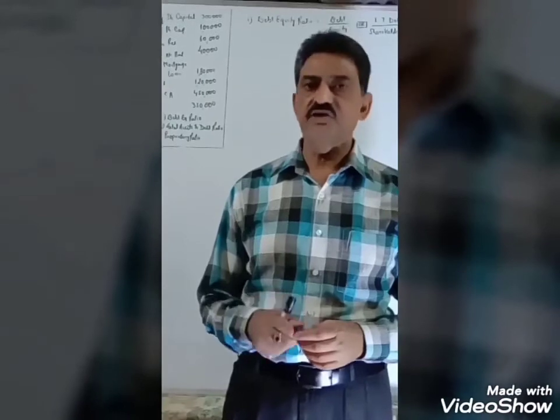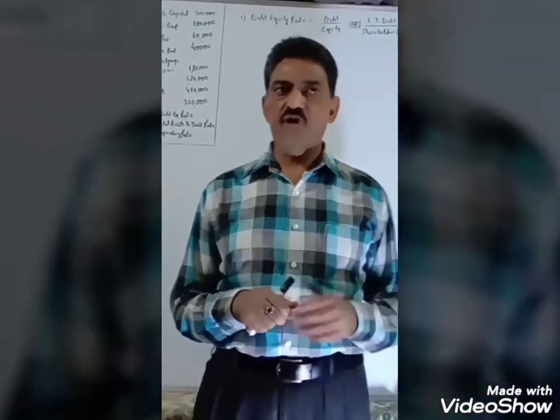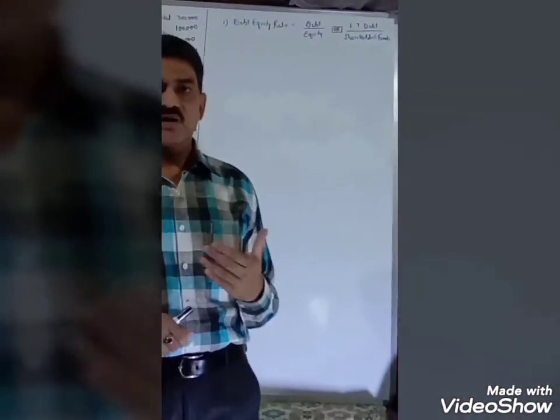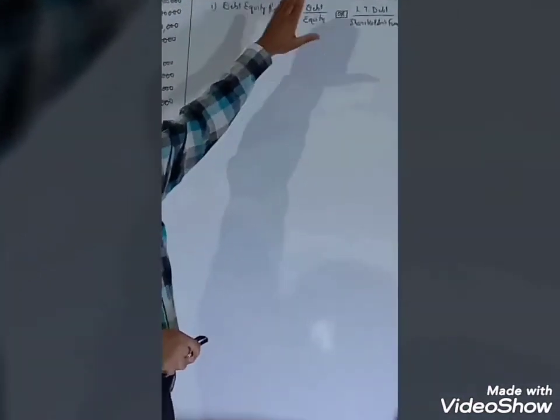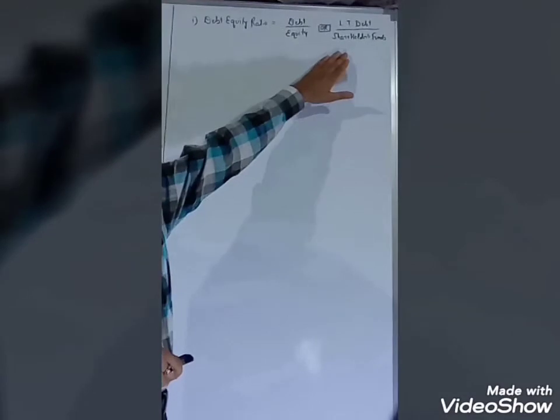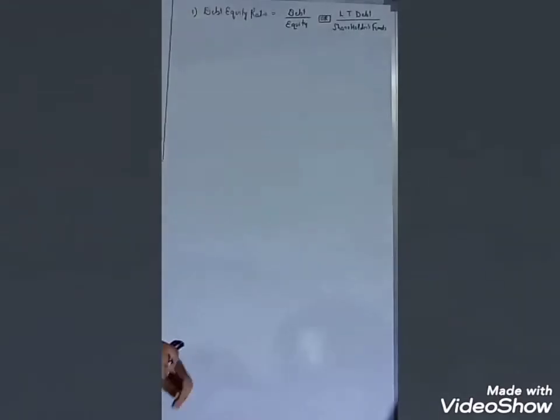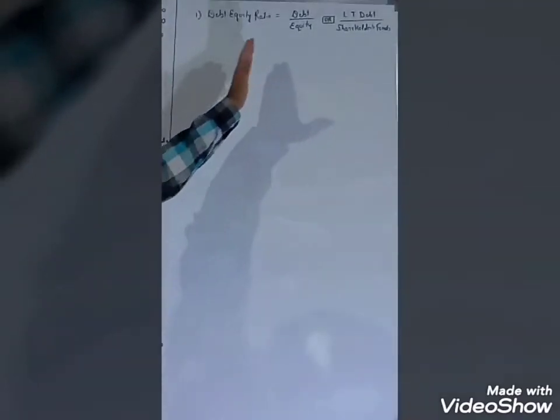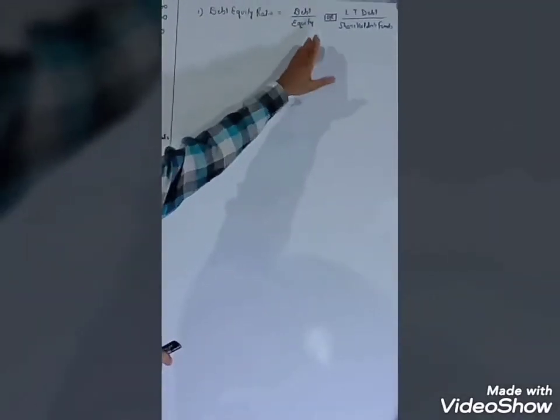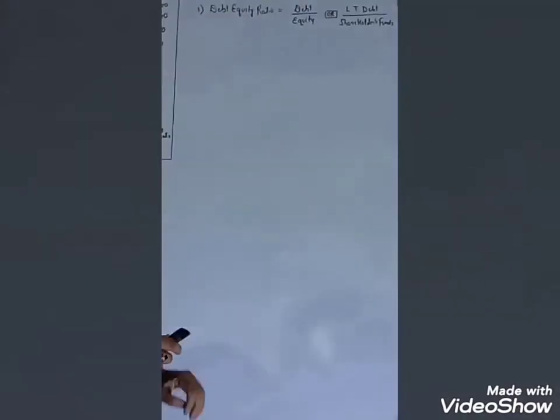For the calculation of debt equity ratio, the formula is debt upon equity. That means debt is what? Your long-term debt, and equity stands for the shareholders' funds. The formula can also be written like this: long-term debt divided by shareholders' funds.